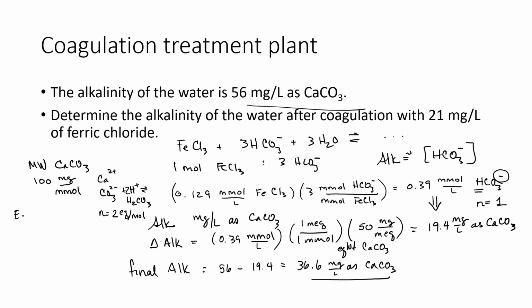So the equivalent weight is equal to 100 milligrams per millimole, divided by 2 equivalents per millimole. So that is equal to 50 milligrams per milliequivalent. That's the equivalent weight of calcium carbonate.